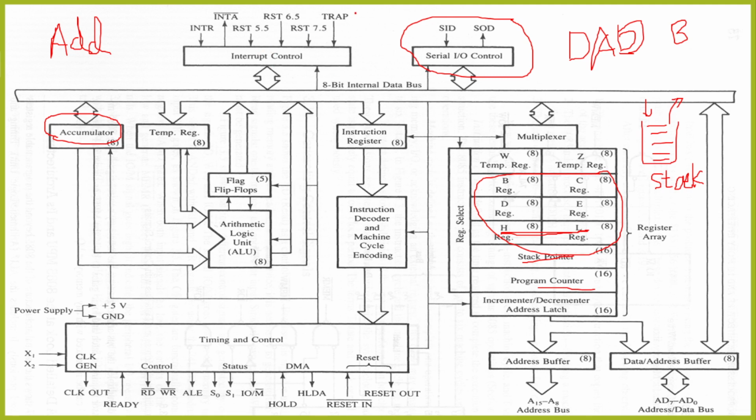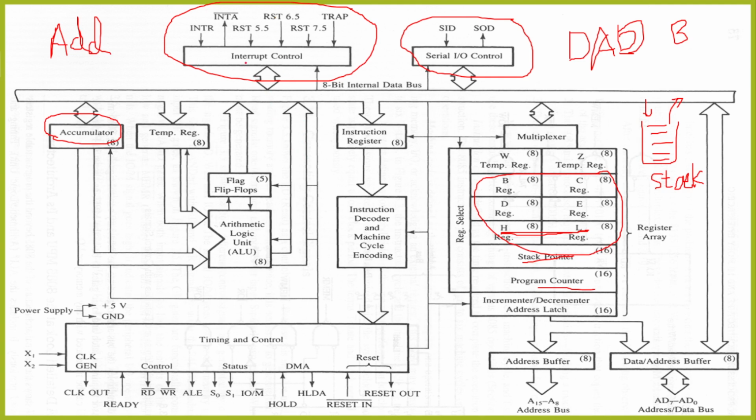Then we have an interrupt control block. You know that interrupt is an effective way of handling IO devices. Some devices we will connect as an interrupt. Whenever a device makes a request, the processor will stop the current task, come to the interrupt, execute the program related to the interrupting device, and then come back to its main task.